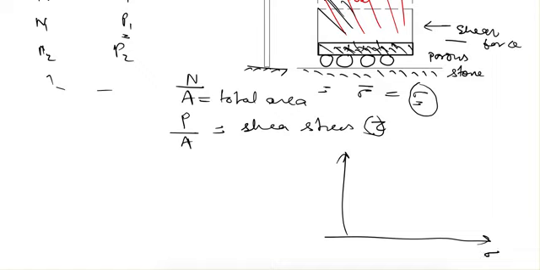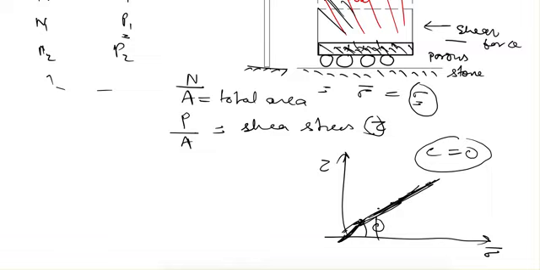On this axis this is normal stress, here it is shear stress, so it will go something like this. After joining these points we will find out the value of phi here. Mostly in this case this will pass through the origin, because C is equal to 0. So that's how we find out the value of phi in this case.